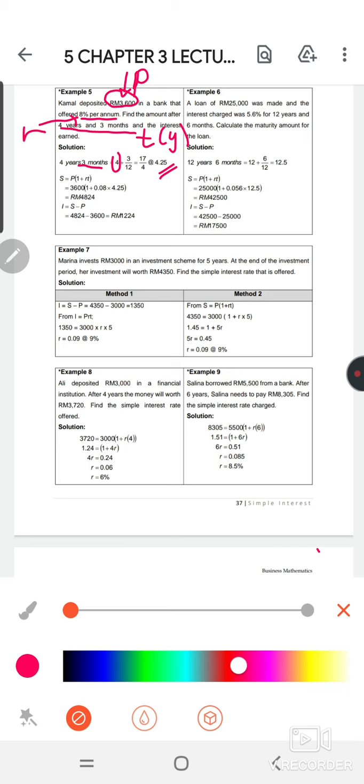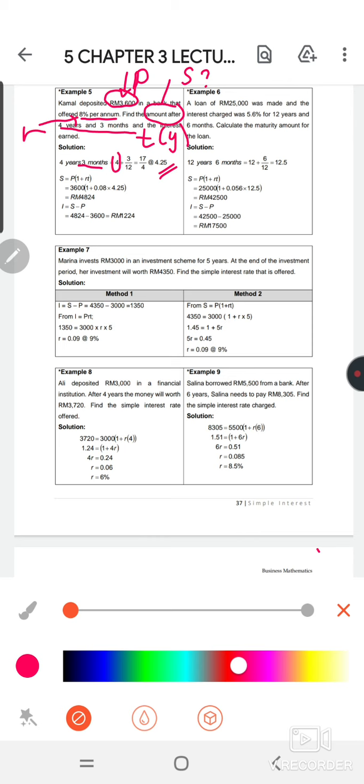Okay, since you already have P, R and T here, find the amount after 4 years. Find the amount means they want the value of S, so we need to find S. For this one we use formula number 2 from earlier, S equals to P(1 plus RT).